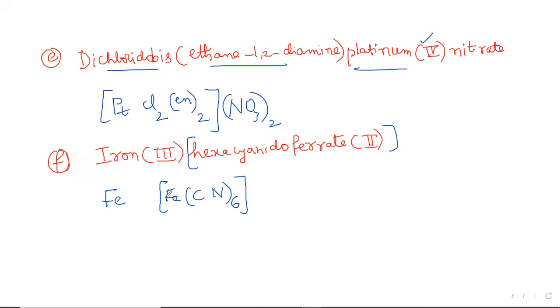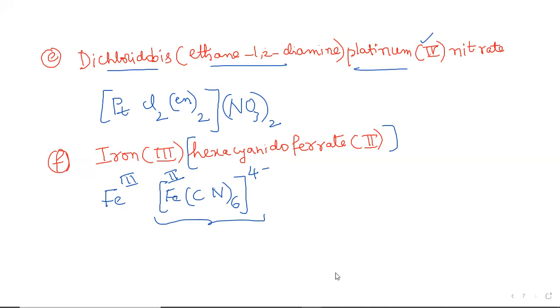But here, the starting counterion iron oxidation state is Roman 3. Inside, whatever the central metal is, that oxidation state is 2. But to get a clear formula, we should know the charge on this coordination entity. So with the +2 oxidation state of iron in the coordination entity, the charge on the coordination entity will be -4. Okay.